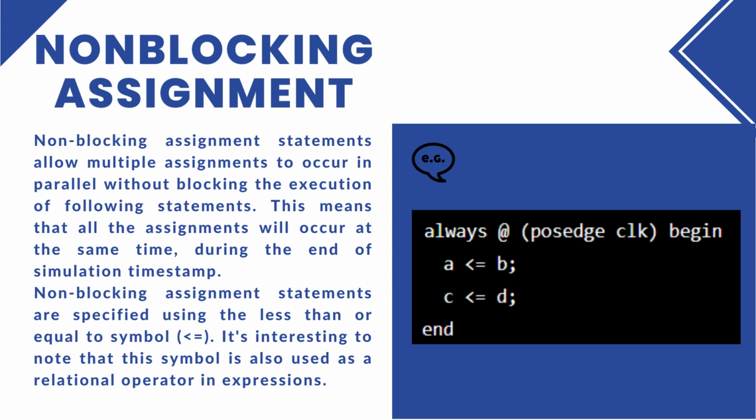In this example, we could have swapped the positions of the two assignments, and the result would have been the same. To summarize, execution in non-blocking assignments works by scheduling assignments to happen at the end of the time step without blocking the execution of following statements. The assignments are executed in parallel, regardless of their order in the code.